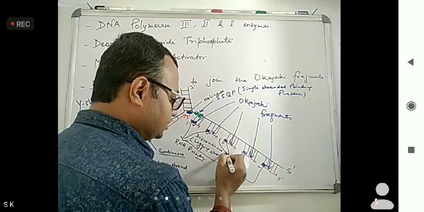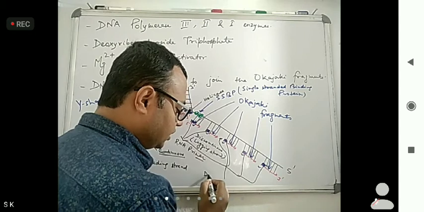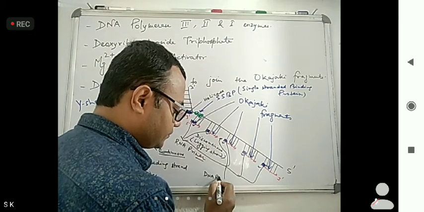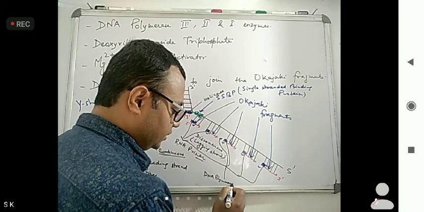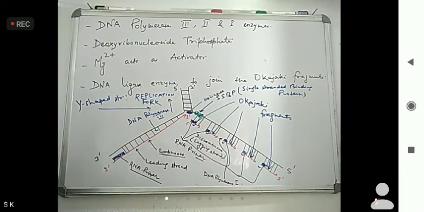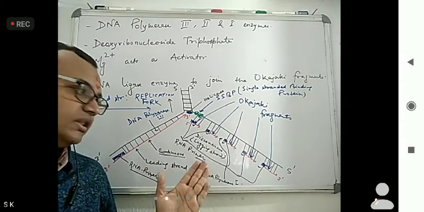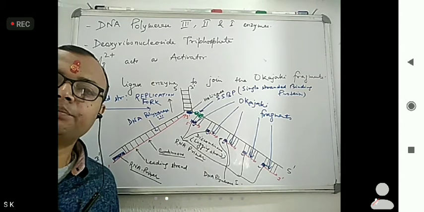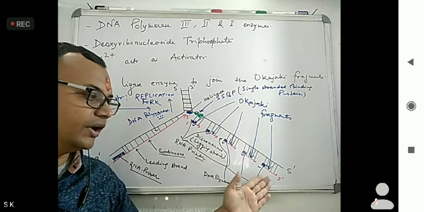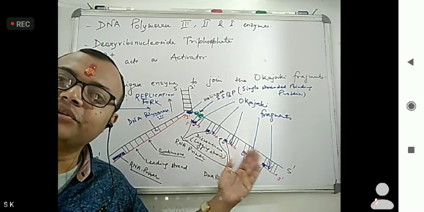And these Okazaki fragments are getting sealed by the help of DNA polymerase 1. Okay, now with the help of DNA polymerase 2, when replication ends, the RNA primer will be removed.